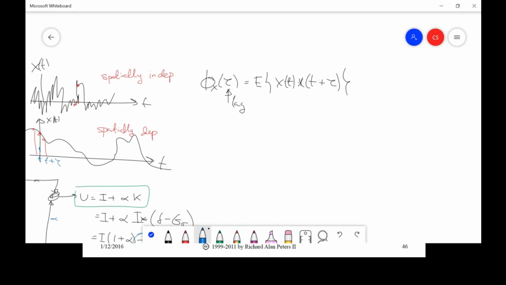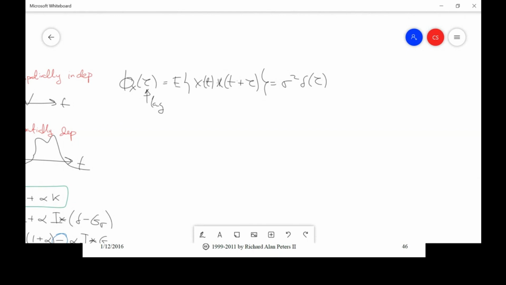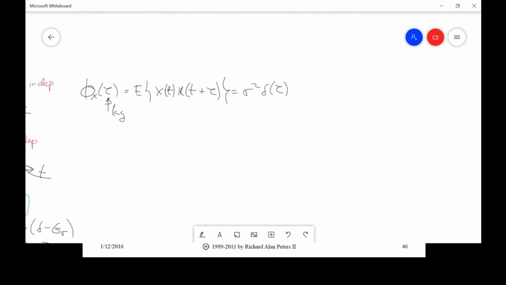So for spatially independent signals, this looks like this. So this is sigma squared. There are small details that I'm skipping, like subtracting the mean and so on, but let us forget about it. So this is a delta.